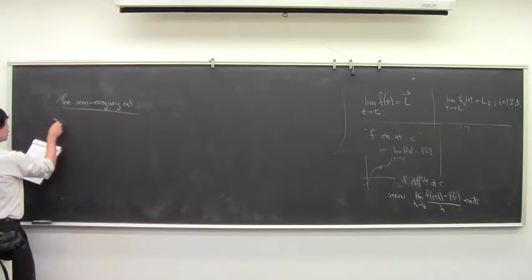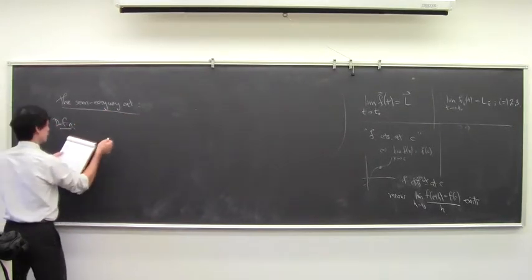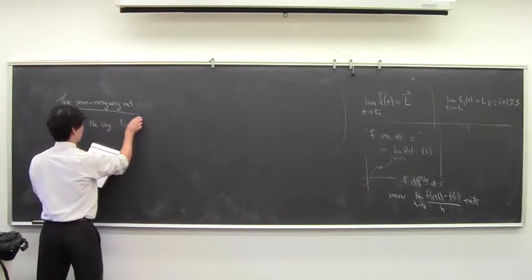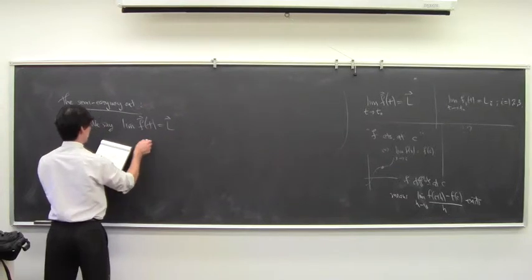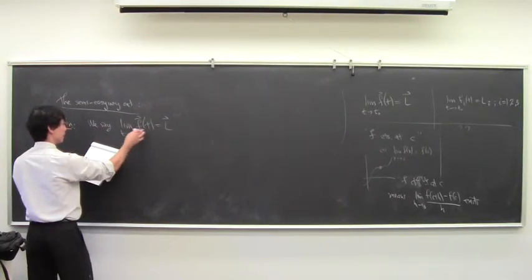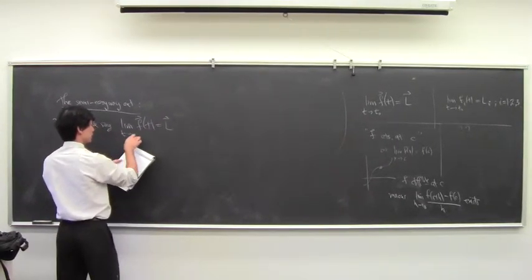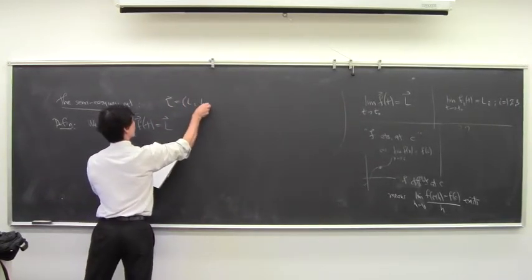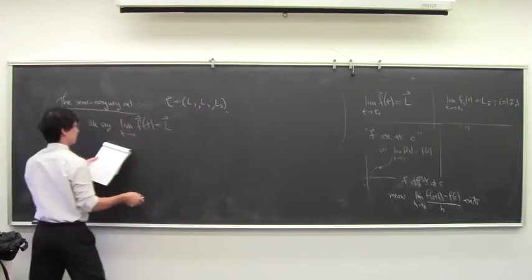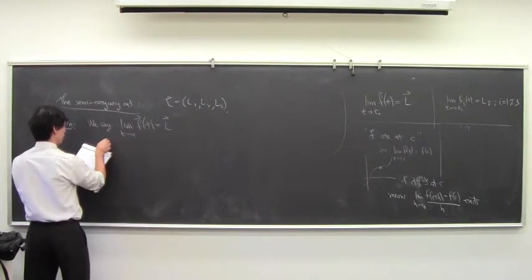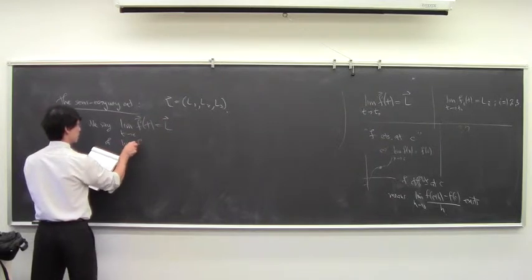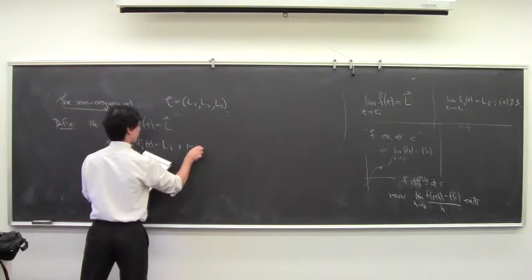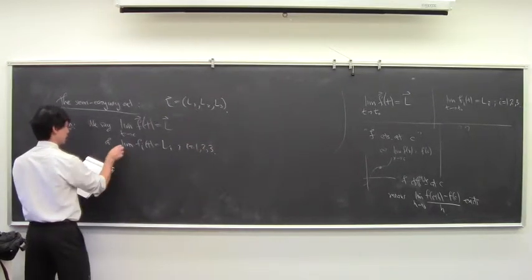So here's how we're going to define limit. We say that the limit of this thing is L as t approaches c. So you have a vector valued function, and as t approaches c, we say that the limit is L, where L is, of course, L1, L2, L3. We say the limit is L if, component-wise, your one variable limits are L1, L2, and L3 as t approaches c.